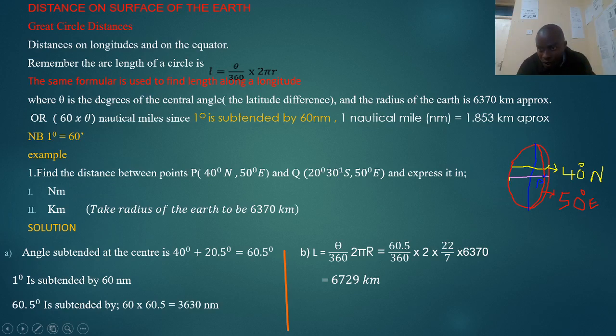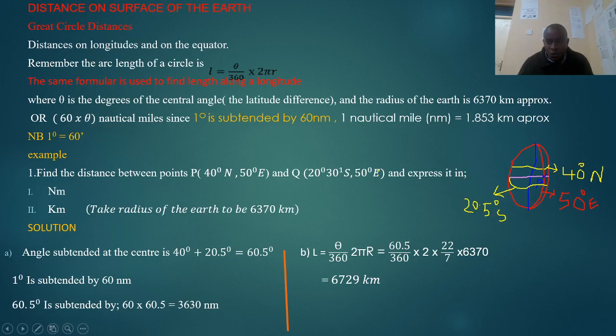You start from the equator downwards, you can have it here, and we name it 20.5 degrees south.